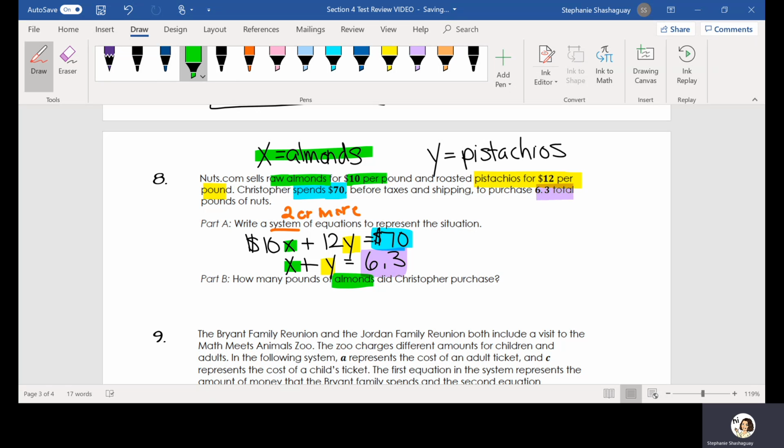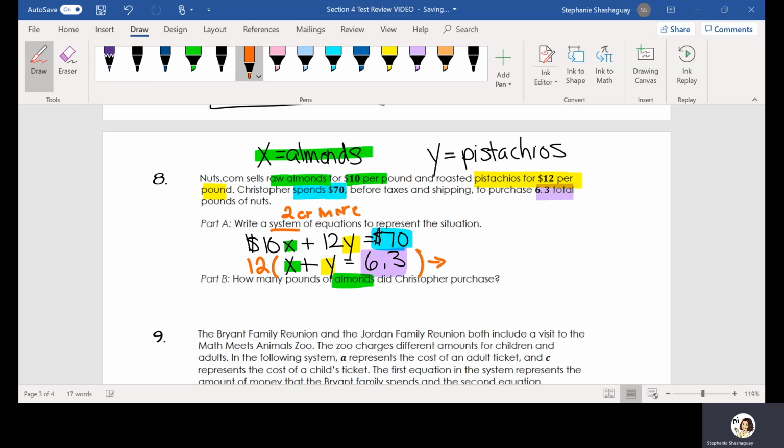So my goal is going to be to eliminate the Y. So to do that, I'm going to take this whole second equation, and I can either multiply that equation by 12 if I was using elimination, or I could solve for Y and then plug in that value into my Y. So I'm actually going to use elimination today.